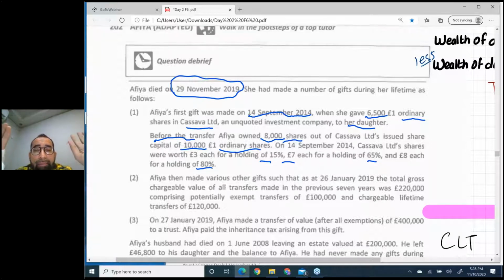Very easy, don't ruin it, go slow. Right now she has 8,000 shares, meaning an 80% holding, and the market value of an 80% holding is £8 per share.